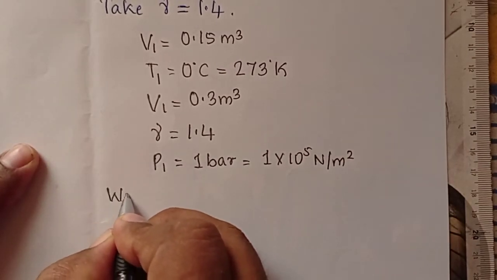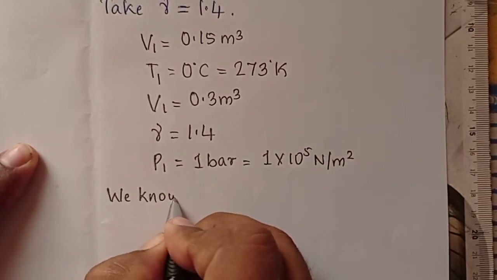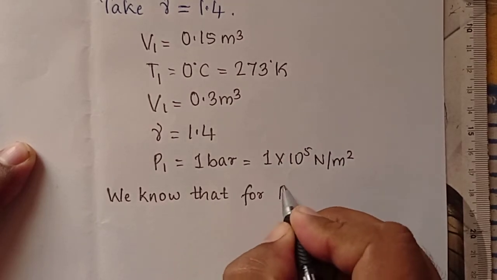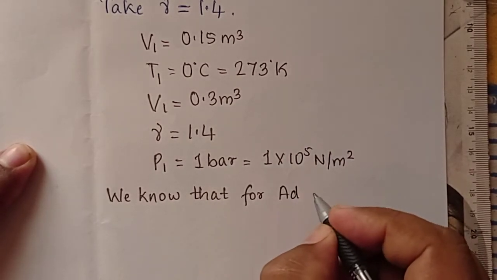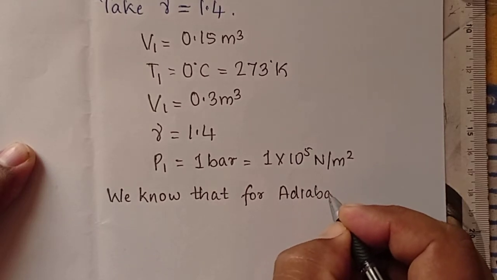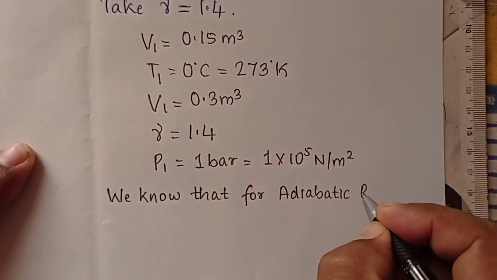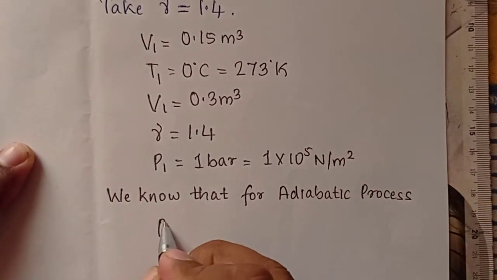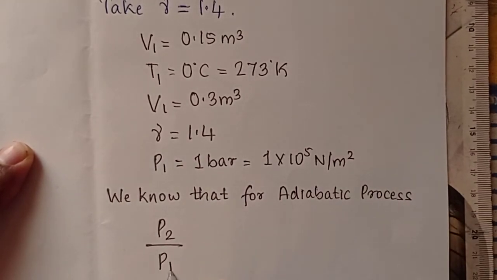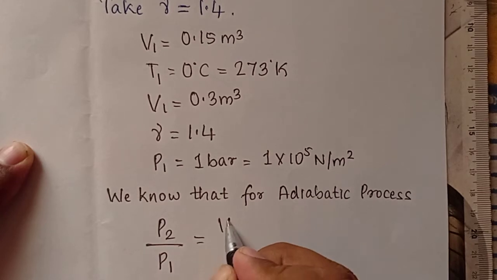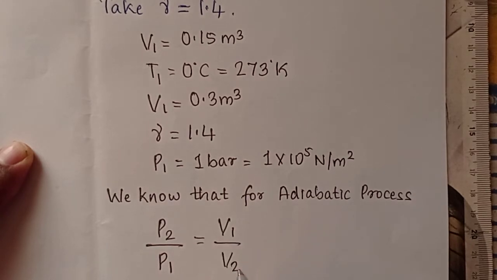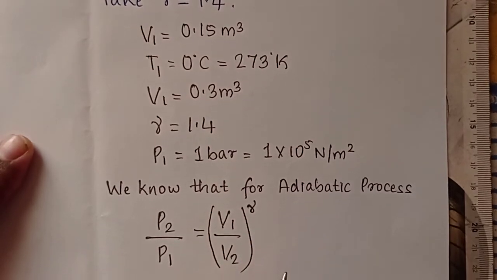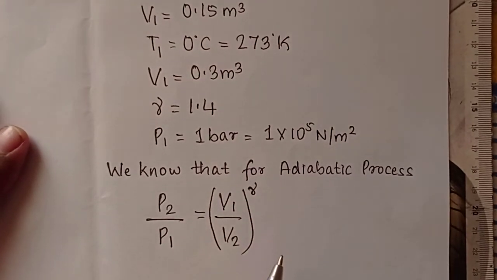So we know that for adiabatic process, P2 by P1 is equal to V1 by V2 whole raised to gamma.